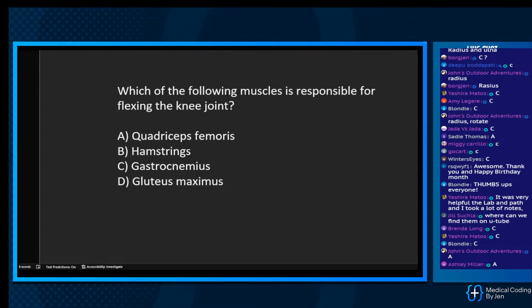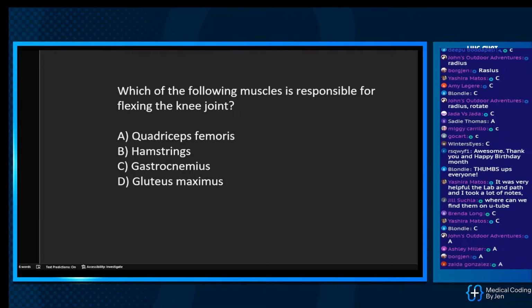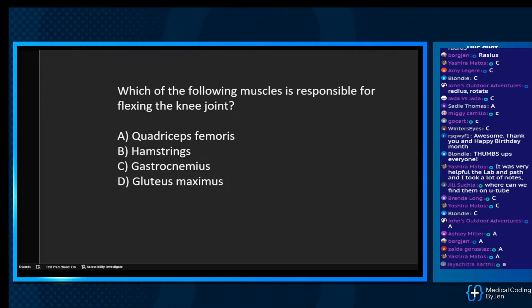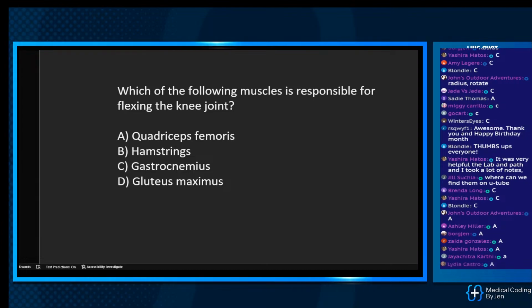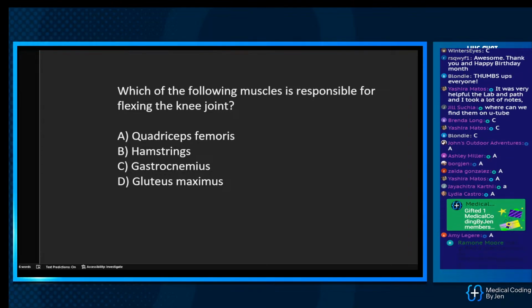No, I don't want to do that. I want to do that. Let's see if that works. Yay, I figured out how to do it.